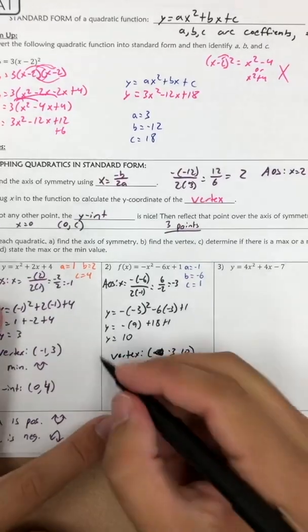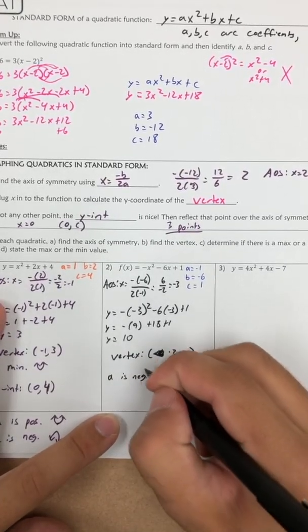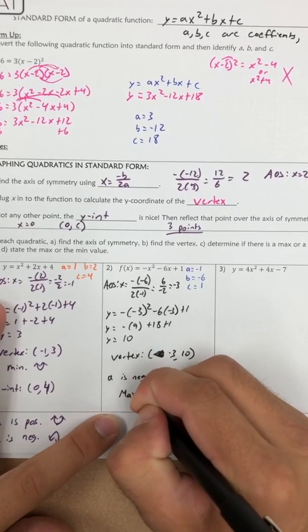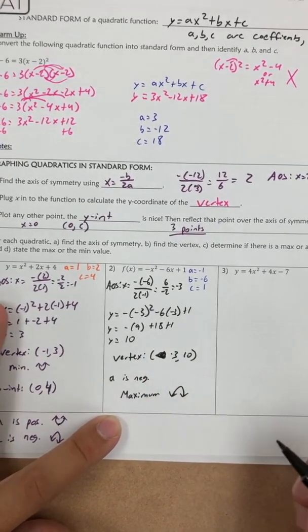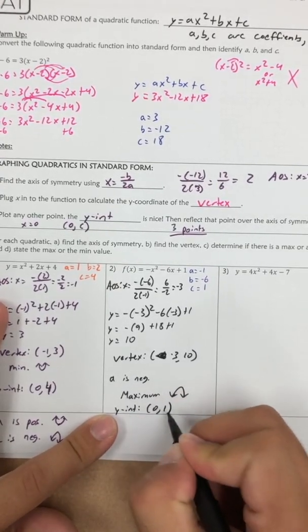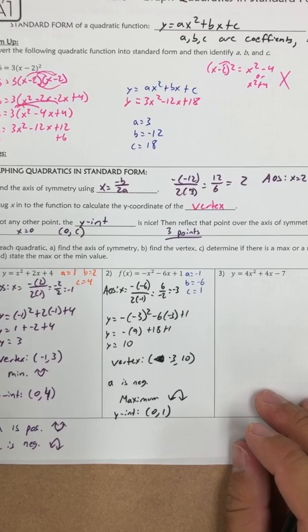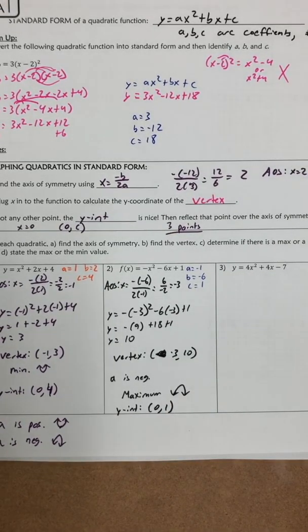Now, my a value is negative, so this is going to be a maximum because I'm going to open down. All right, and then my y-intercept is 0, comma 1. And 10 is my maximum value.